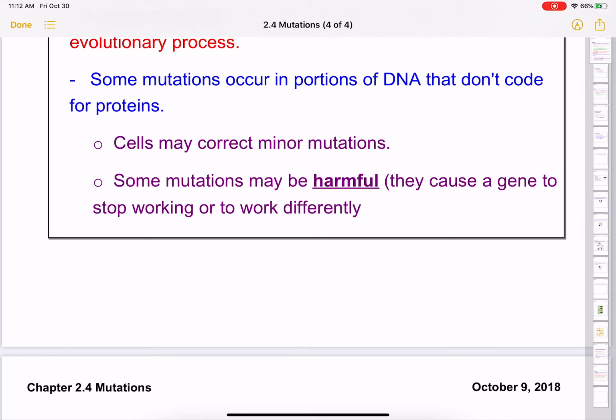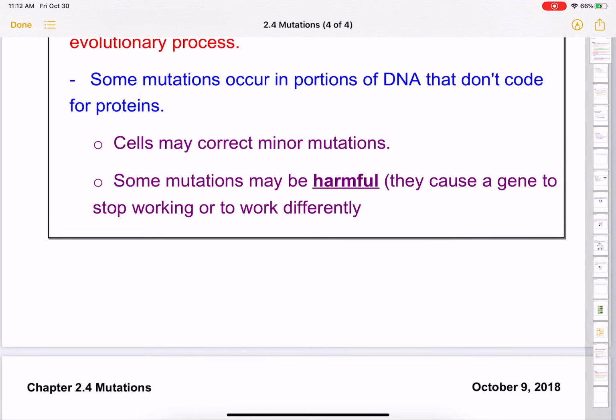So we could have mutations in our body that we don't know are even there just because they're not coding for any specific proteins. Our cells may also correct minor mutations, so mutations that happen when they're creating or replicating the DNA. Your body might fix those mistakes before they get magnified.